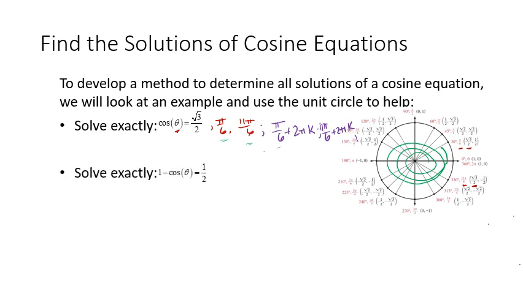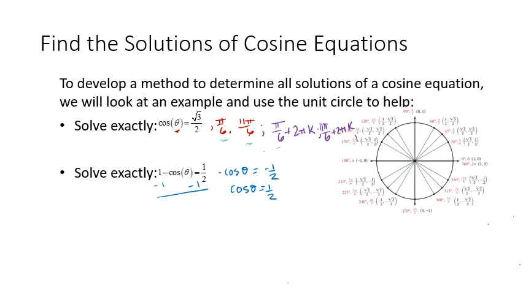This type of problem is the same kind of thing, except here we don't have the cosine isolated, so I need to get it by itself. The first thing I'm going to do is subtract 1, and I end up getting negative cosine of theta equals negative 1/2, which gives me cosine of theta equals 1/2. Now at this point, you're finding all values of theta where, when you take the cosine of it, you get 1/2.